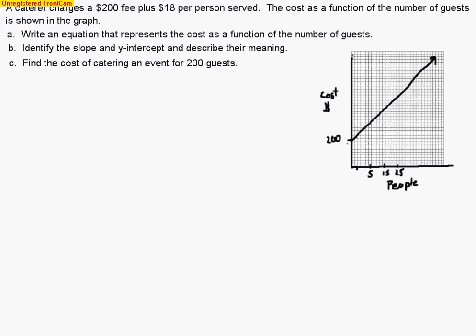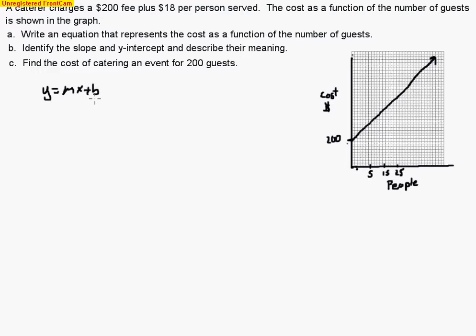So here we have cost on the y-axis, and then we have number of people or guests on the x-axis. And remember how we talked about an equation of a line is in this form: y equals mx plus b.